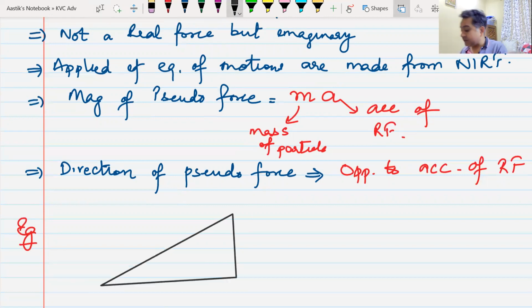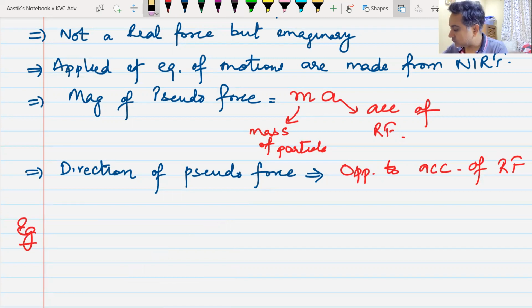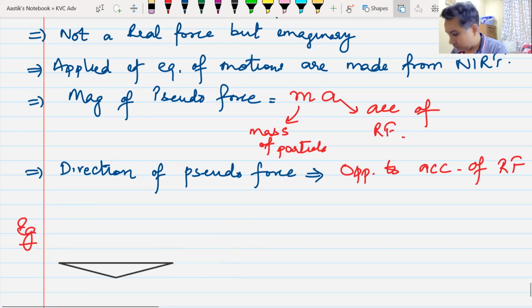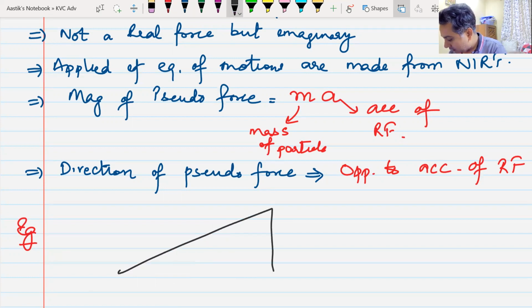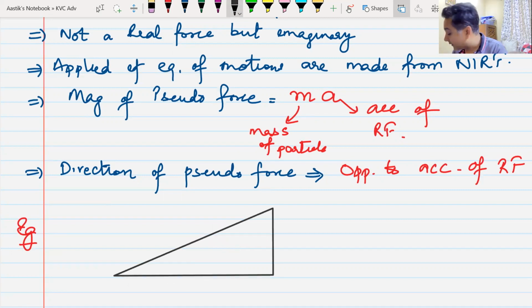Let us say I have this wedge. Okay, now it is correct.